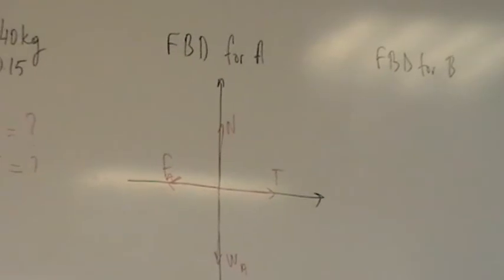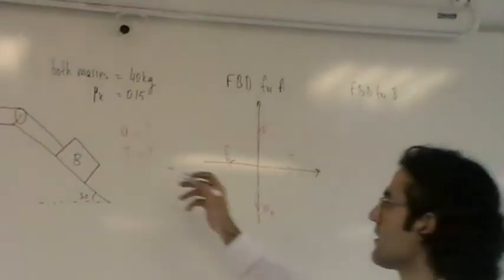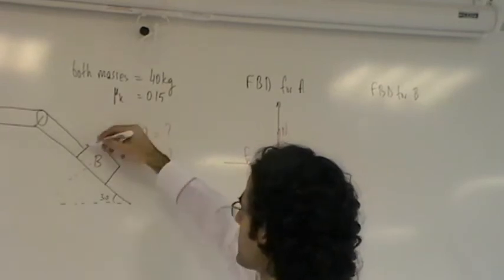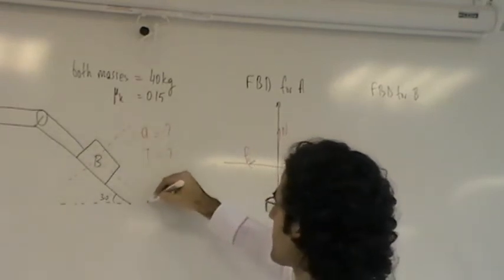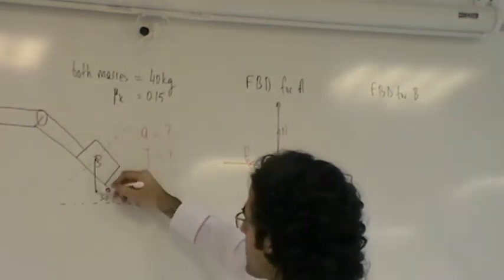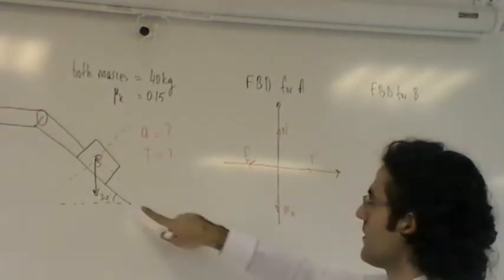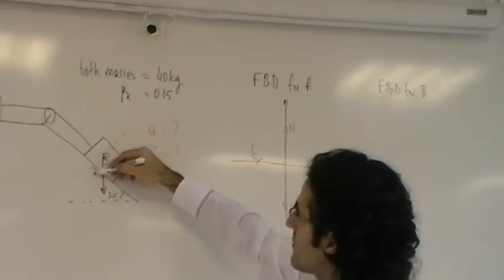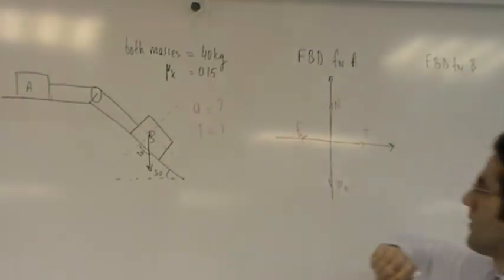I'm going to use the free body diagram for B, and I'm going to use x and y coordinates as perpendicular to the surface and parallel to the surface. Weight is acting right downwards here. This is 30 degrees, here is 60 degrees, and there is 30 degrees as well.